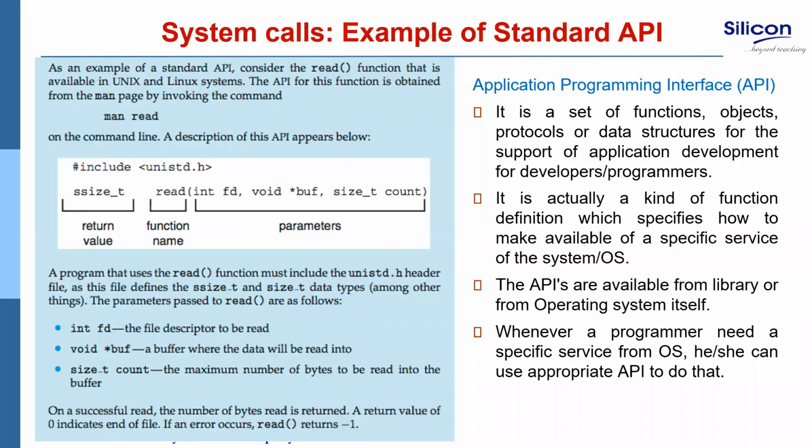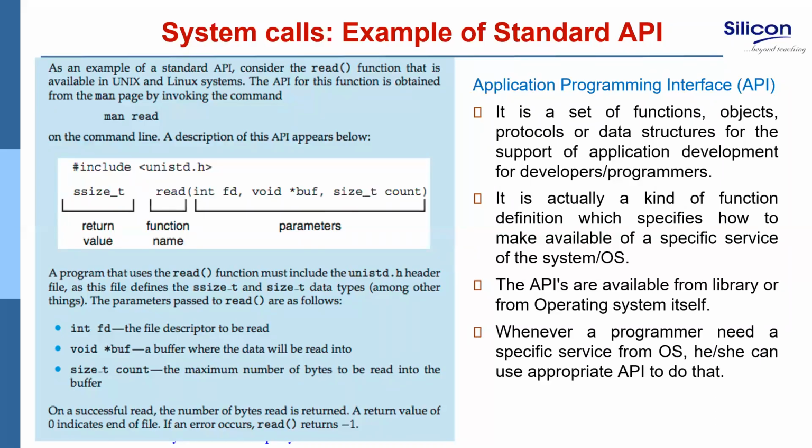So APIs are available from a library or from the operating system itself. We may write an API, it can be available from the library, or the operating system also provides some of the APIs. Whenever a programmer needs a specific service from the operating system, he or she can use the appropriate API.